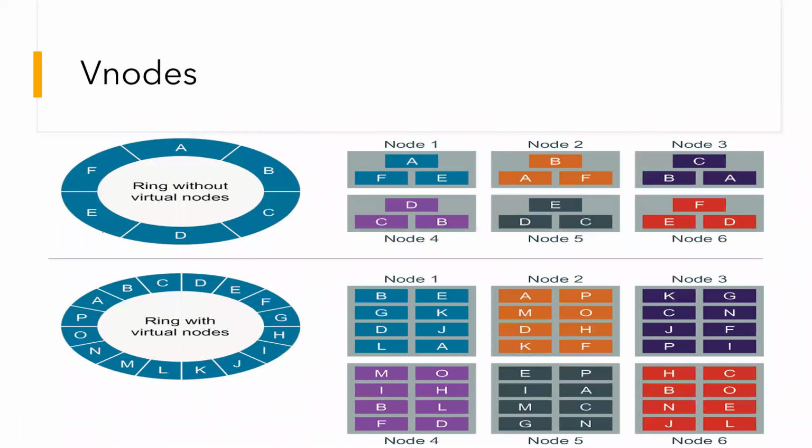In the typical manner, if we add or change any nodes, then all our hash functions will change. All the requests will start being served by different servers. Let's say request 1 was served from node 5, and if we change the number of nodes, then request 1 may be served by node 2 or 3.